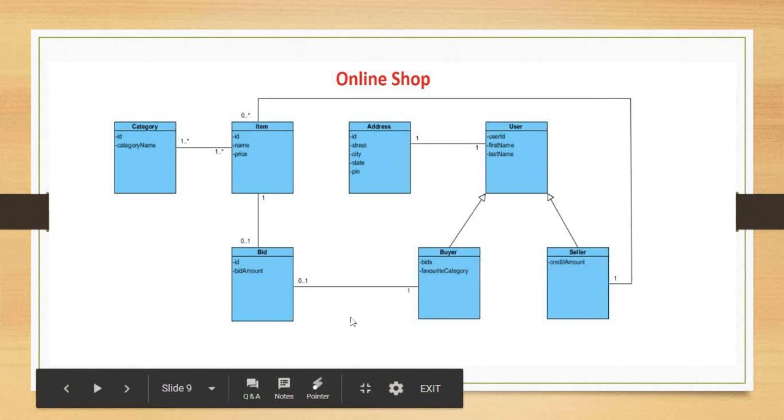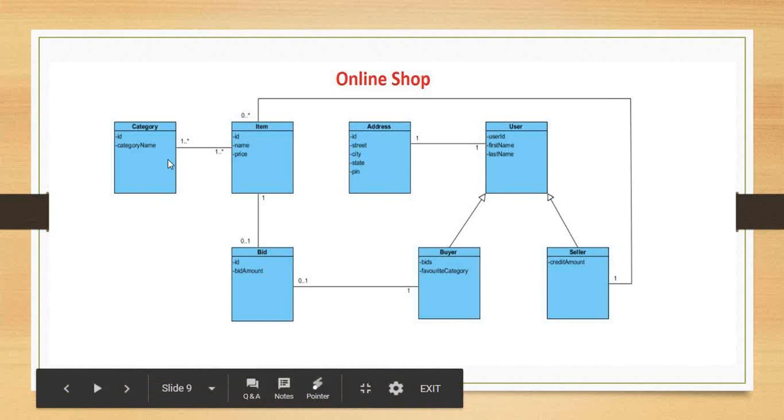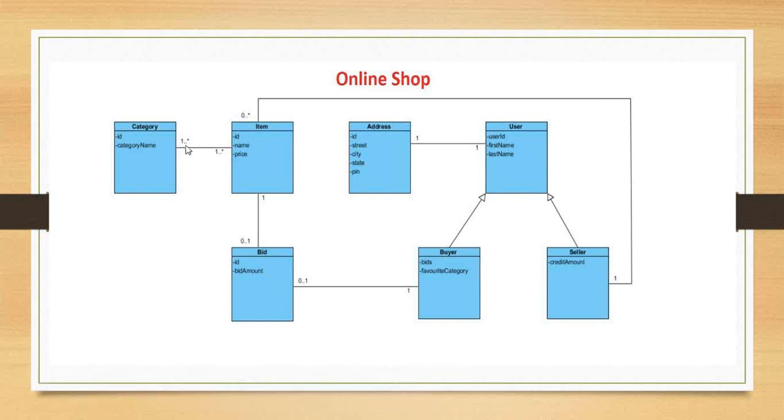Even the association between the item and seller. But before that, have you checked that one dot dot star? From the category side, you have this one dot dot star. Yes, that is how you'll describe a many-to-many association. On both sides, you have this one dot dot star. What does it indicate? Can you tell me what it indicates here?